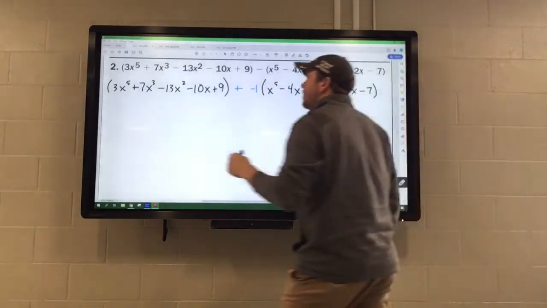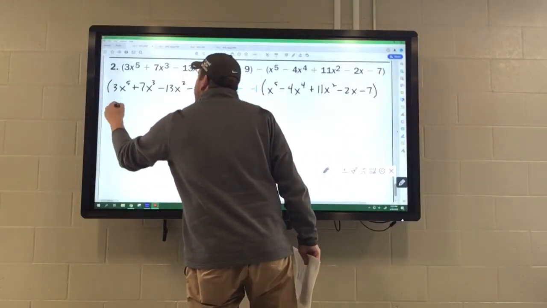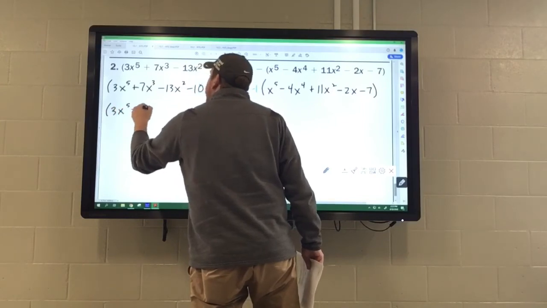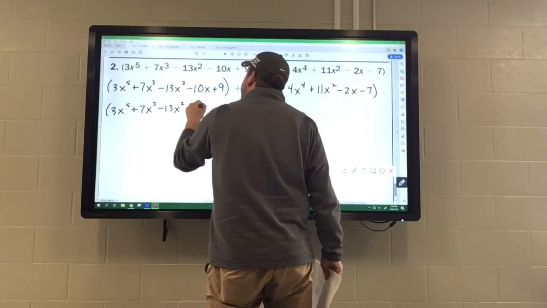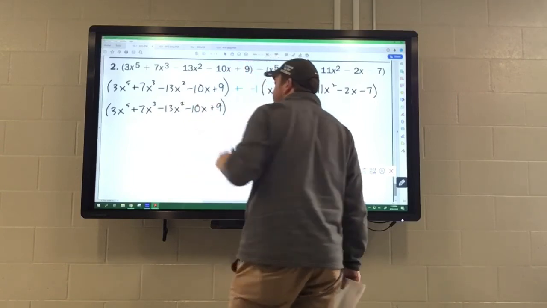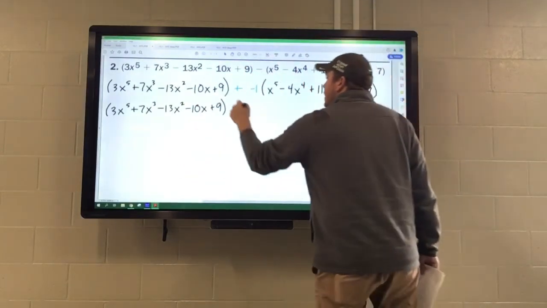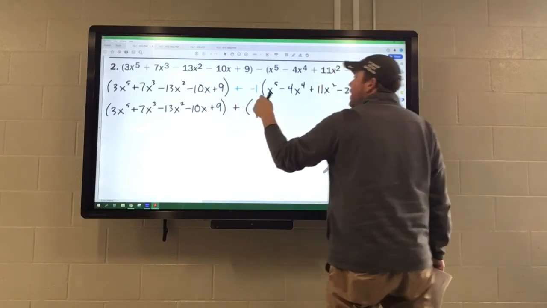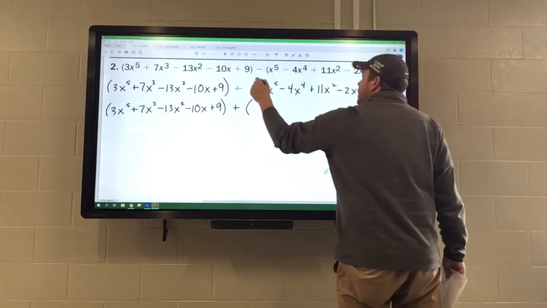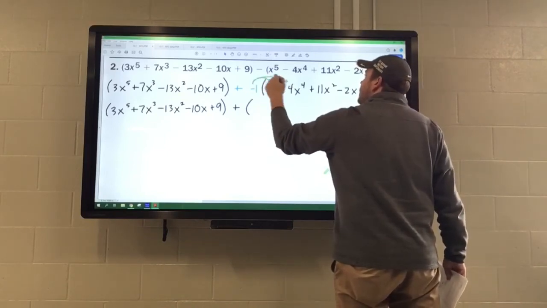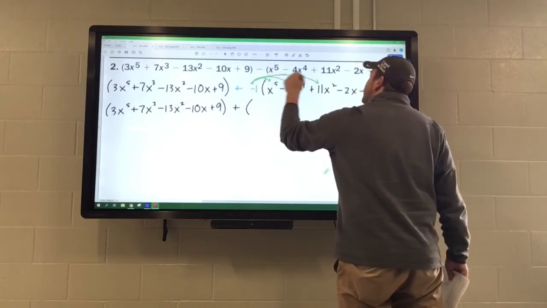Let's do that. So again, my first polynomial is unchanged. This is now an addition, and then I need to multiply every term by negative 1. Every single term.